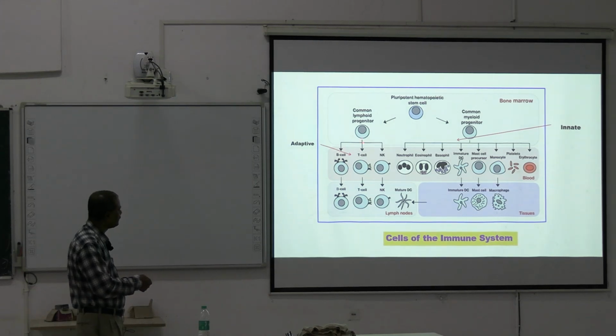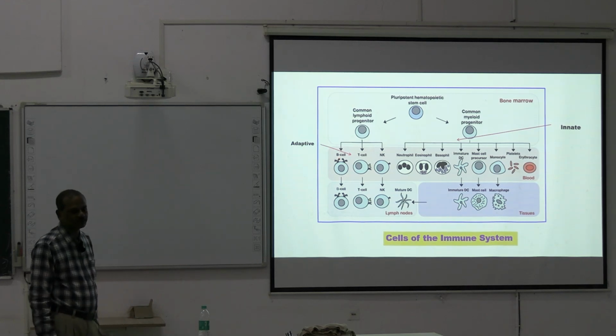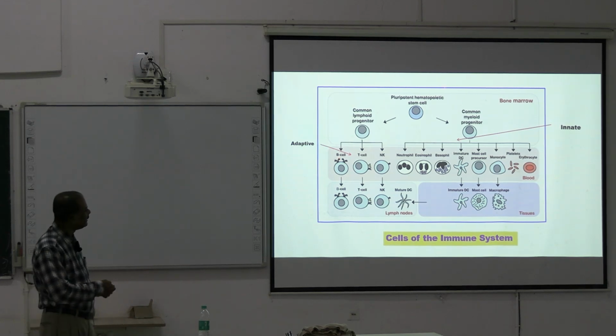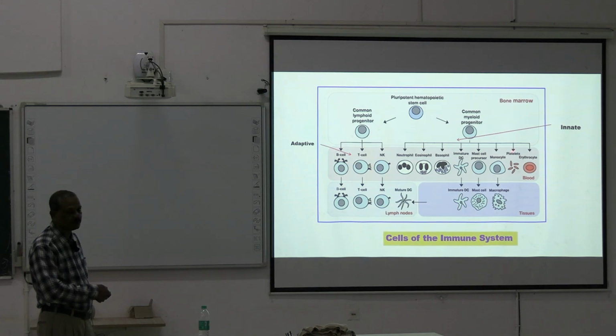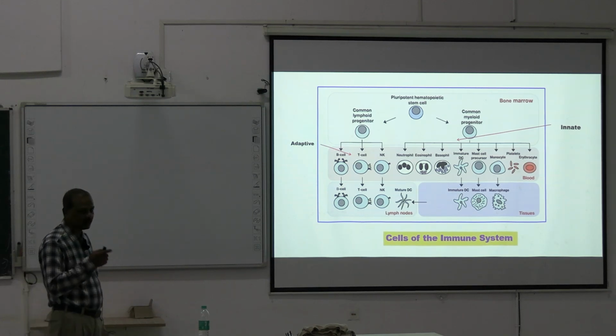From the lymphoid progenitor, we get T cells and B cells, and they are involved in the adaptive immune response. And in the myeloid series, we get all the rest of the cells: the neutrophil, eosinophil, basophil, that you know.